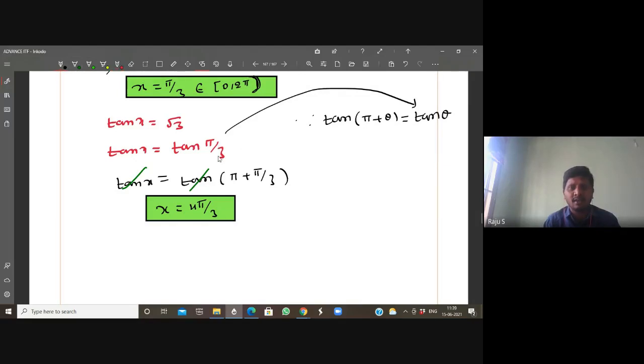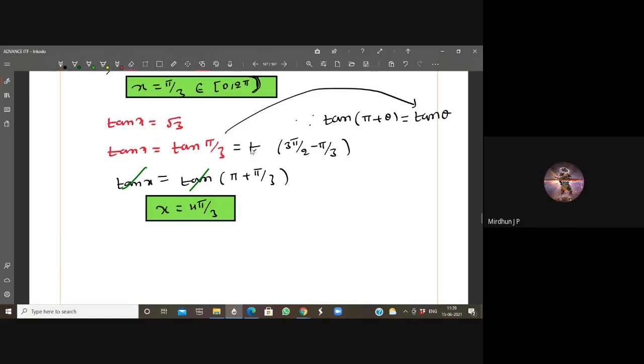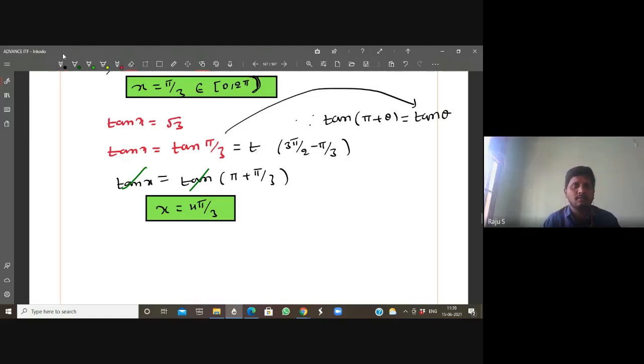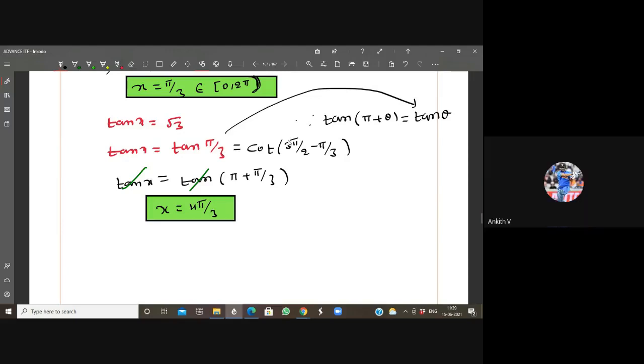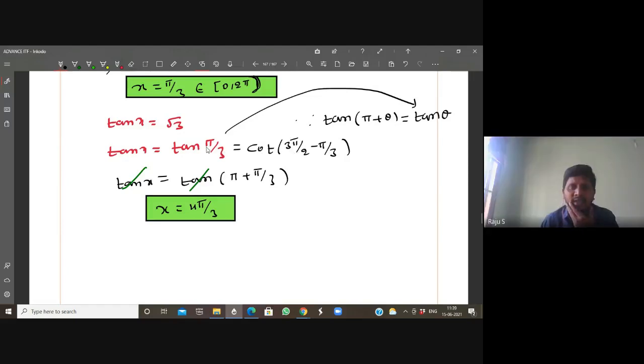See here, one more way we can write. Tan pi by 3 can also be written as cot of 270 minus theta. Shall we write cot of 270 minus pi by 3 as tan pi by 3? Yes, sir. We can write like this also.